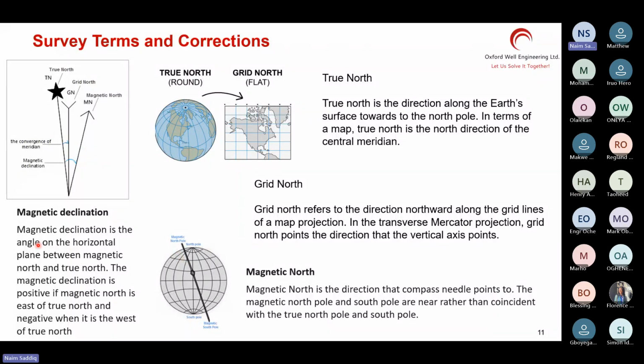Magnetic declination, because the Earth has magnetic inclination and magnetic declination. It has a magnetic field that can be calculated using the software. The software will calculate this for you. However, you should be able to do it manually as well.